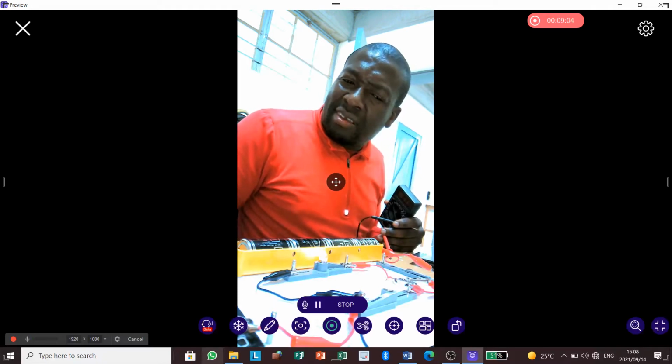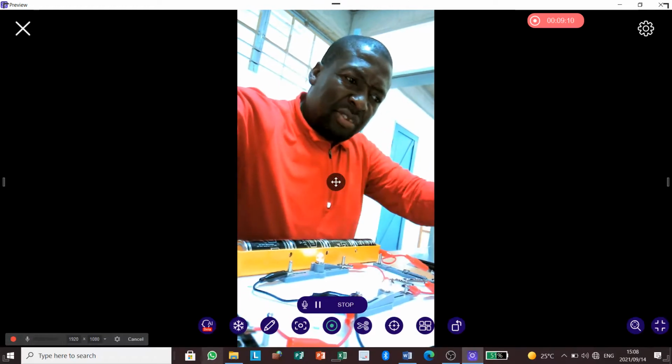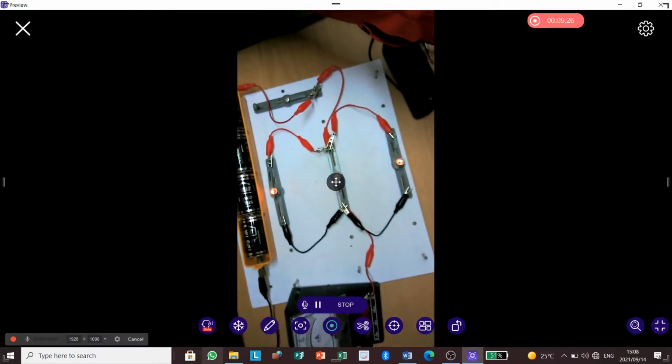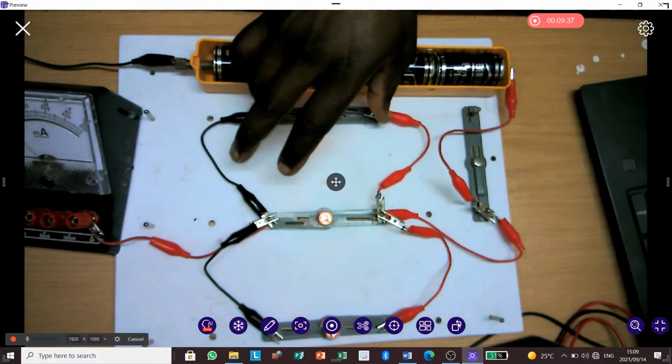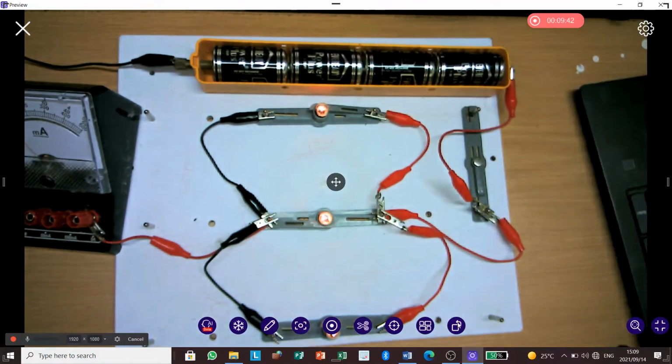But what we see is that along this parallel branch, sorry about that, along this parallel branch, we see that the voltage is the same.